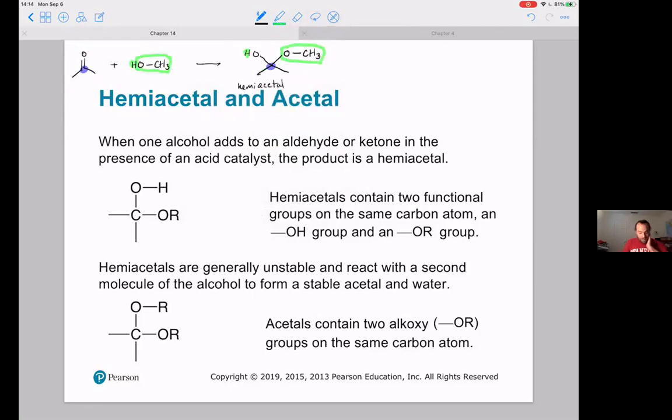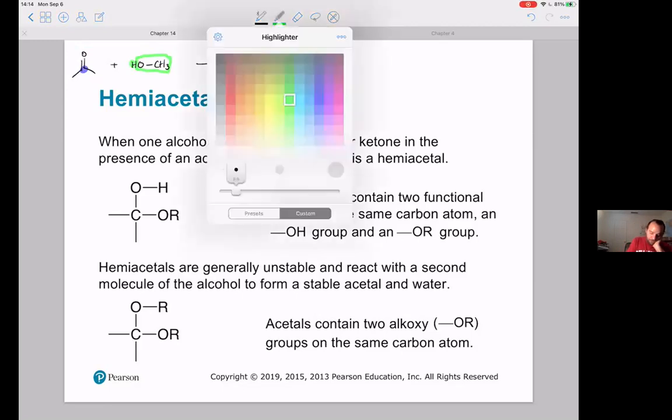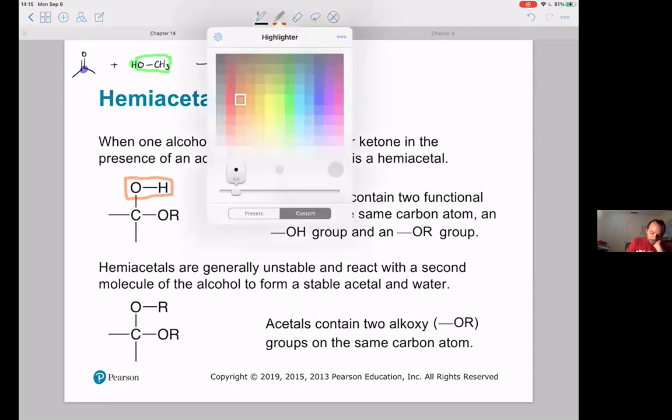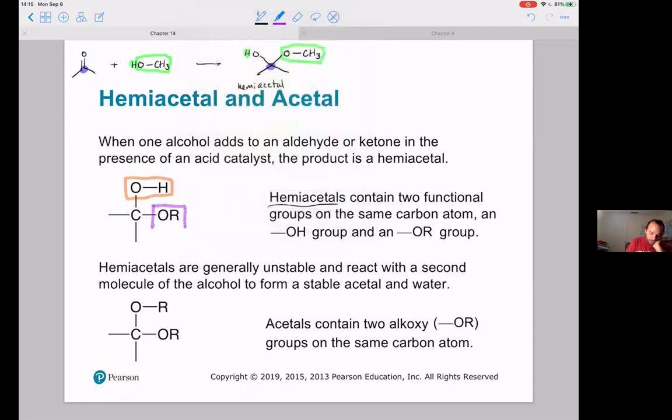A hemiacetal means that there's both an alcohol group, an OH group, but also that newly formed OR group, that would be this one here that I joined on. You can have one more step where I'm now going to add another alcohol.